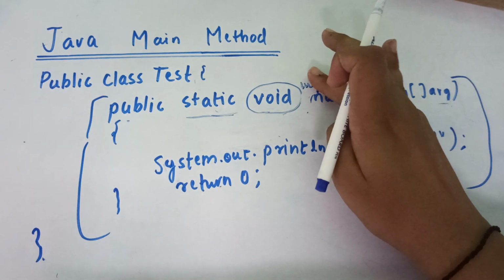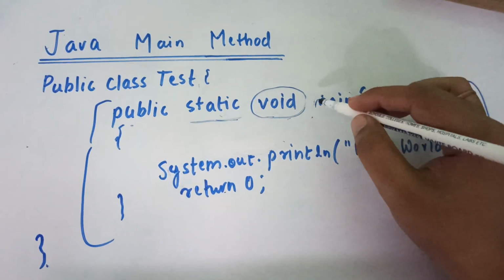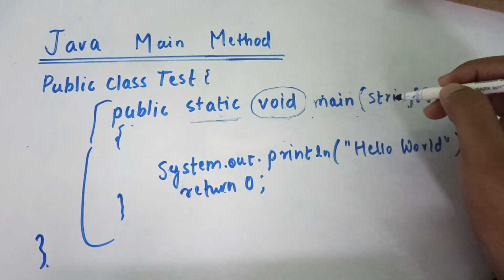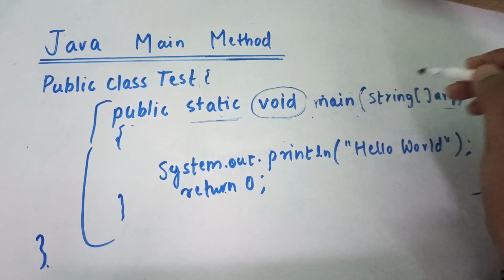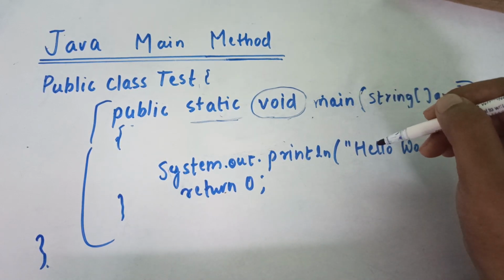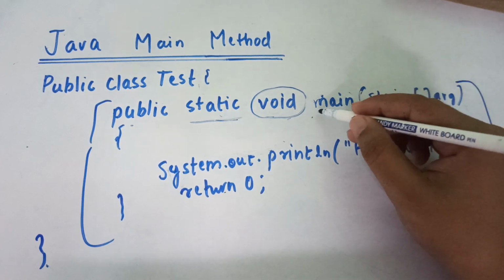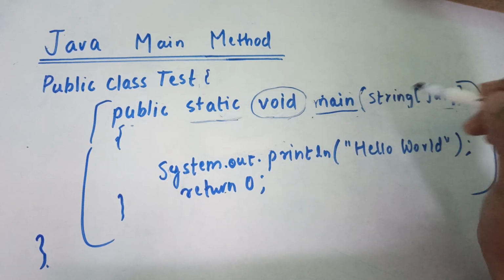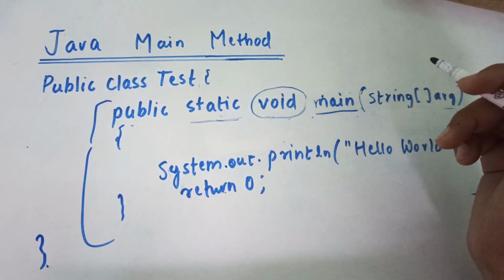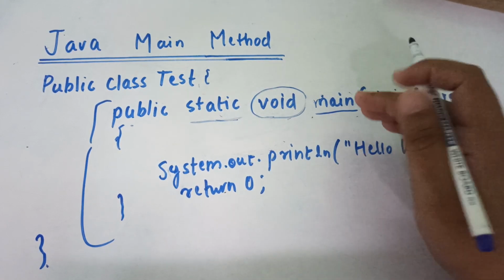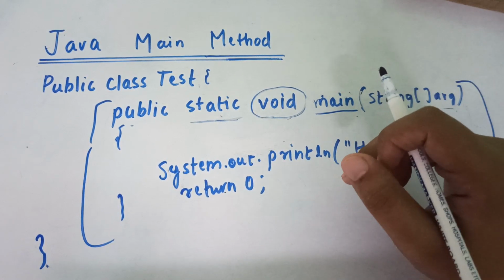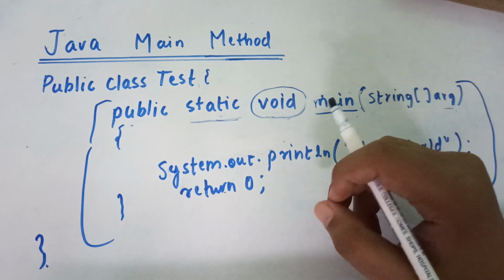When you run any Java program, it looks for a main method. If it does not find any main method, it will show this error, main method not found. So you have to write a main method to execute your Java class.